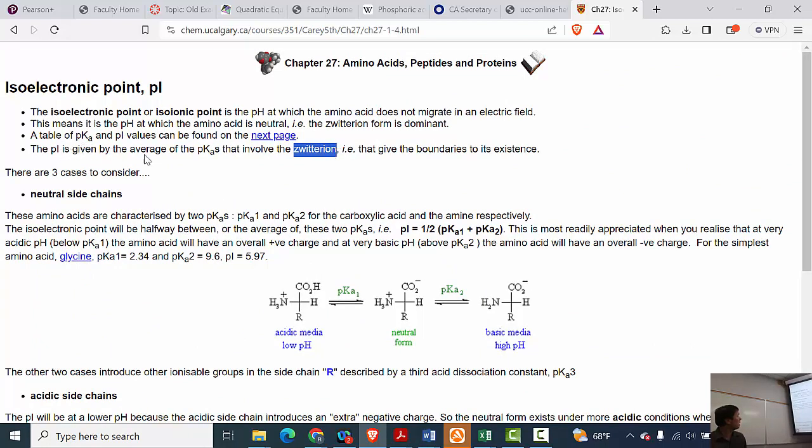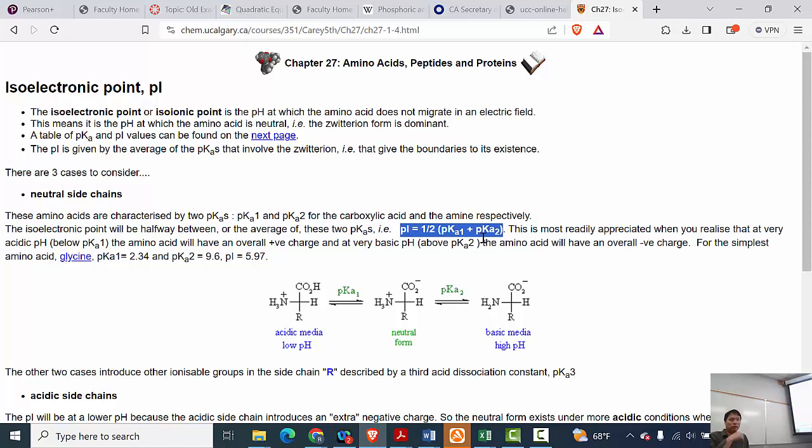The pI is given by the average of the pKa's that involve the zwitterion. That gives the boundaries to its existence. So the zwitterion only lives between certain pH ranges, and this is an interesting equation here. We have different ways of solving.